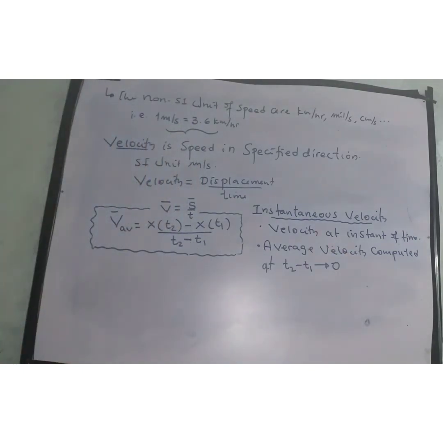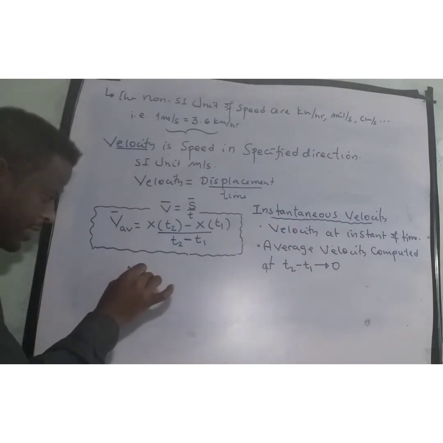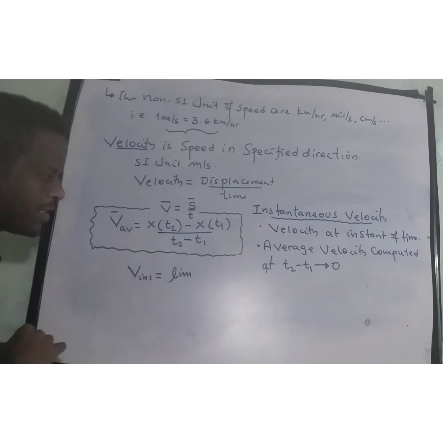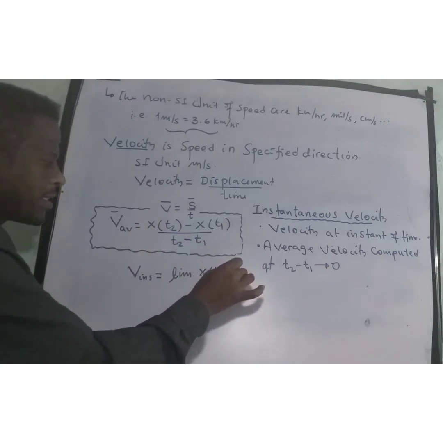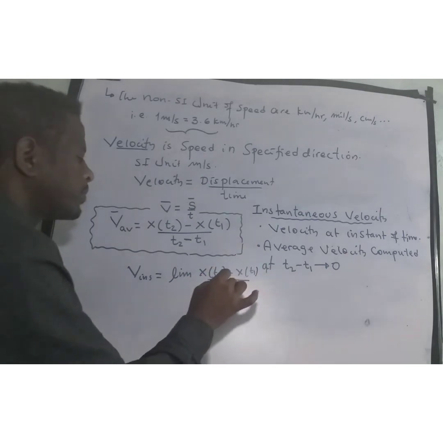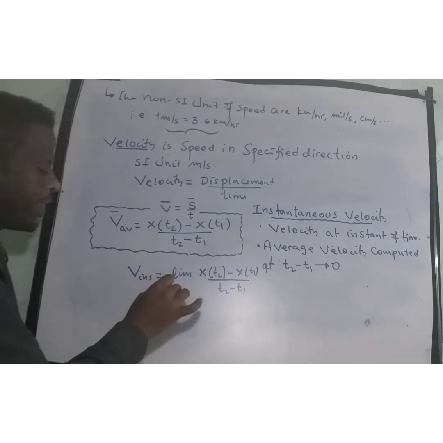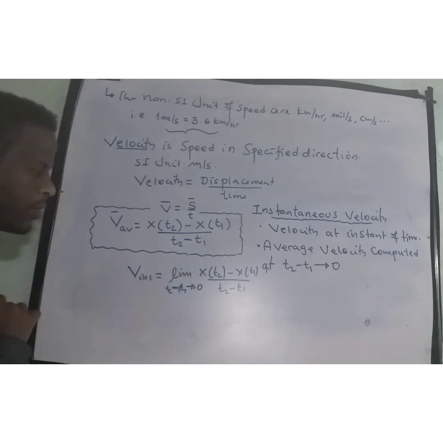Therefore, instantaneous velocity v instantaneous equals the limit of average velocity, x at t2 minus x at t1 over t2 minus t1, as t2 minus t1 goes to 0.